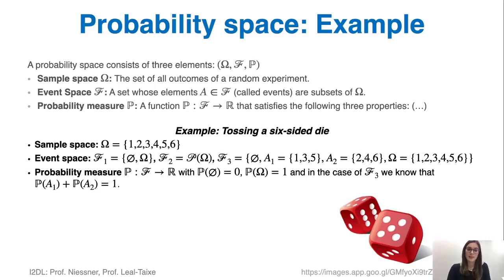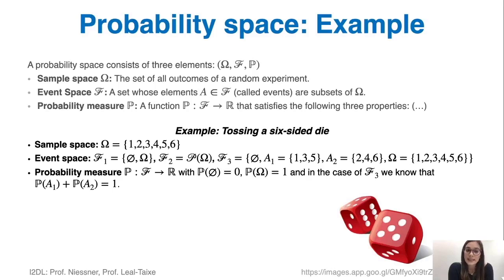So as I said, the probability measure is a function going from F to R, and we have to make sure that the probability measure of our empty set equals 0 and the probability measure of our omega equals 1. Now we can have a look at the third event space, our F3. In that case we have more than the empty set and the whole set omega, but we also have these sets A1 and A2.